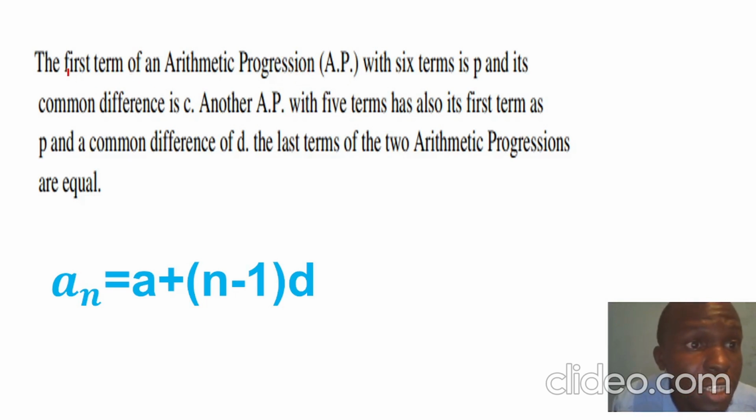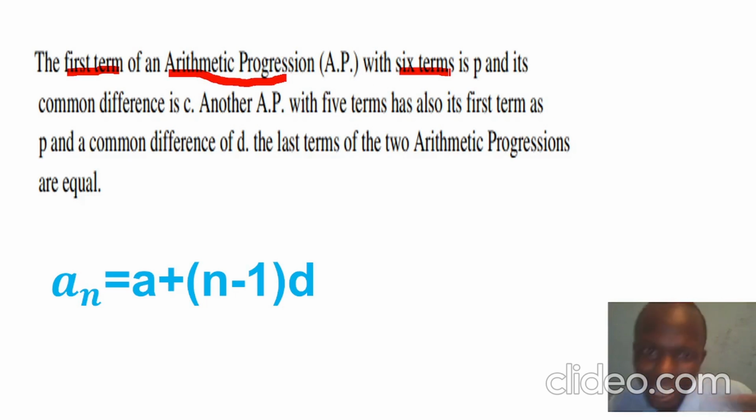We have the first AP, with 6 terms, and the first term is P. It has a common difference C. Another AP with 5 terms, so that is the second AP, also has its first term as P.